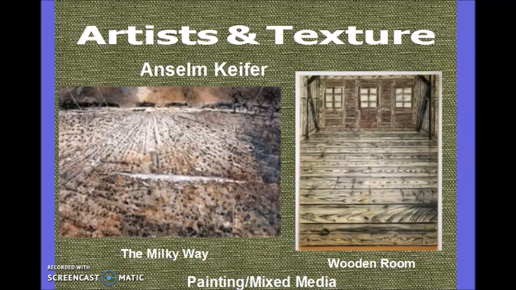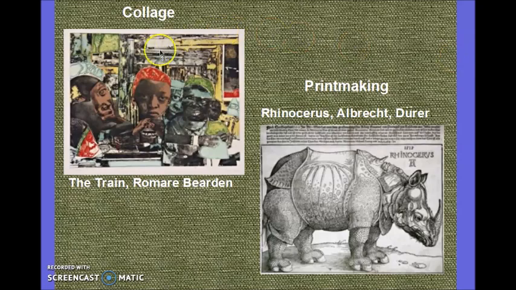Let's take a look at some other artists. Here we have Romare Bearden, who actually is a collage artist, and he uses all these really great pictures from magazines and newspapers, and he'll even create his own paper to show texture. So this one is called The Train.